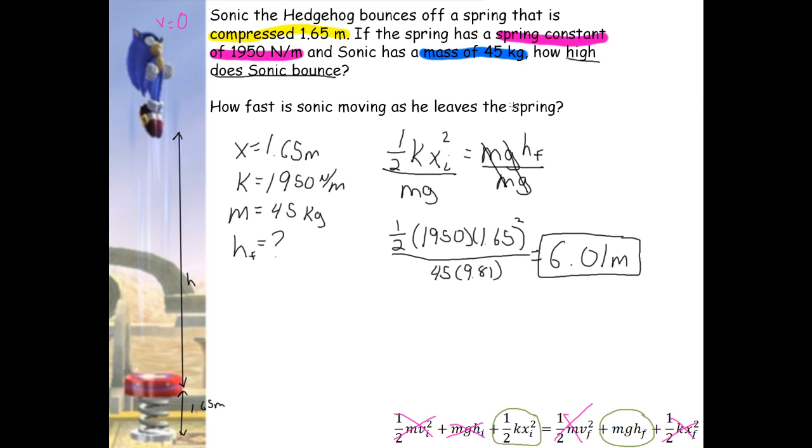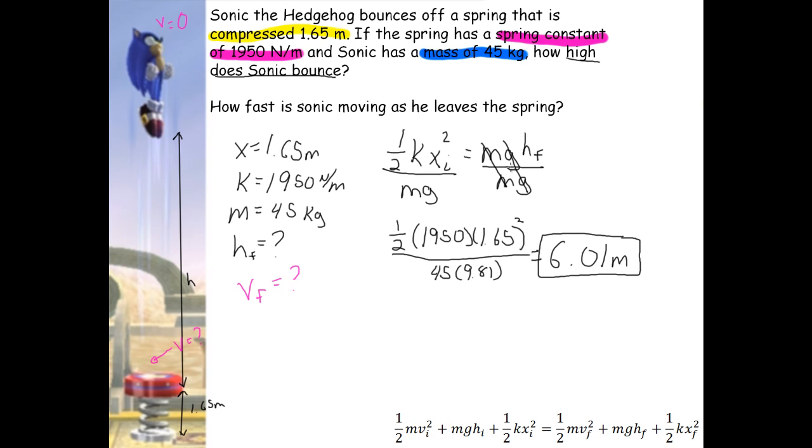Okay, so the next question says, how fast is Sonic moving right as he leaves the spring? If I were to pinpoint that location, it would be right here, where his velocity is what I'm looking for. In this case, I'm looking for his final velocity after the spring pushes him off. So let me grab the eraser here and reset our equation down here.